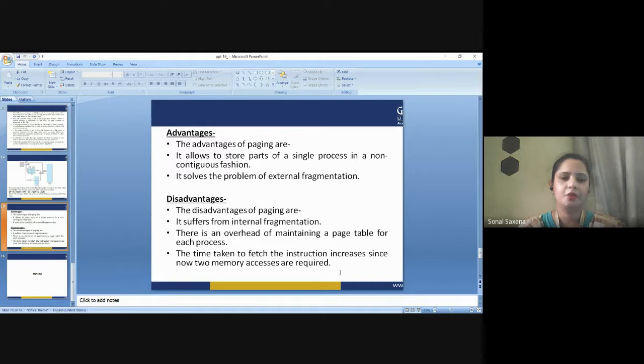it suffers from internal fragmentation. Internal fragmentation is always there. What is internal fragmentation? See, as I have told you, every process will be partitioned into equal size pages, right? I gave you one example of a 7-byte process. 7 bytes is the size of the process, and I'm going to store it into 2-byte partitions of pages.